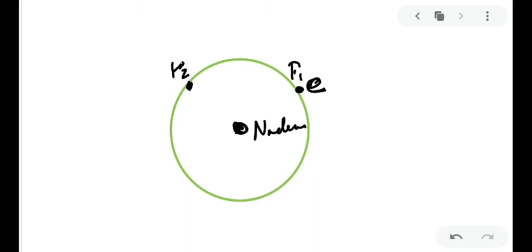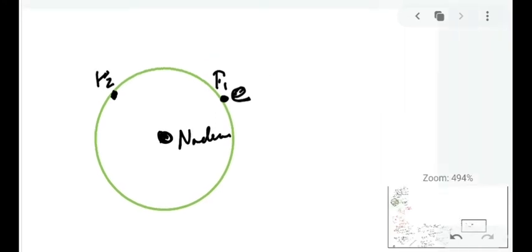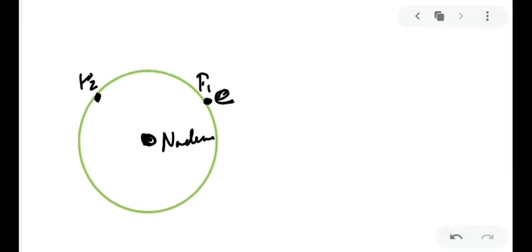What is the energy required to move this electron from P1 to P2 along the sphere? The answer is, since the potentials at P1 and P2 are the same because they are points on an equipotential surface, the potential difference will be 0.